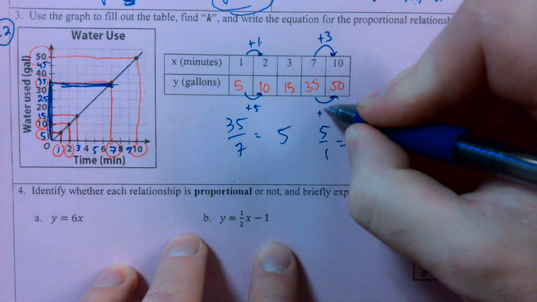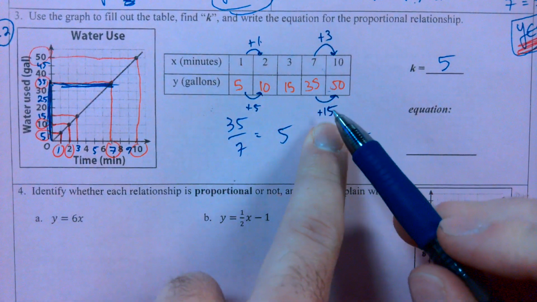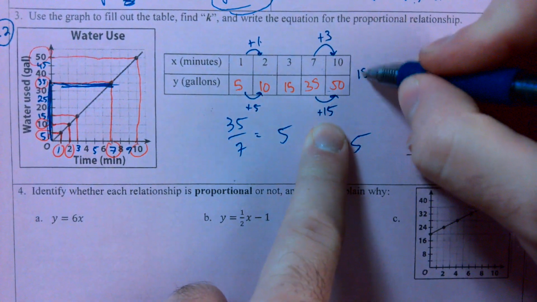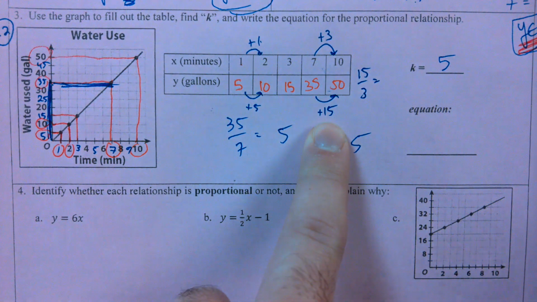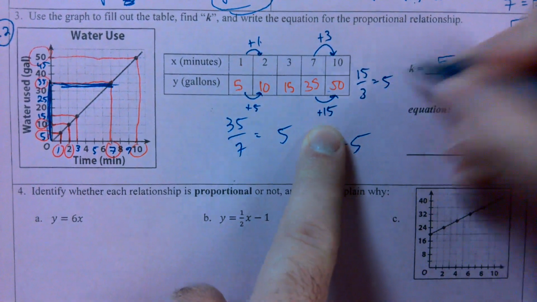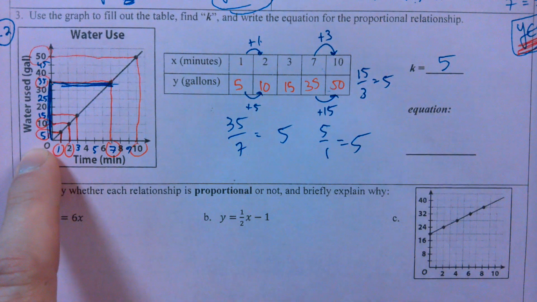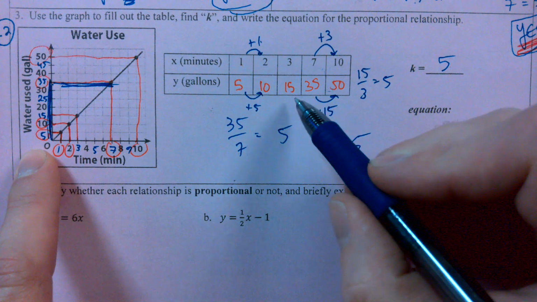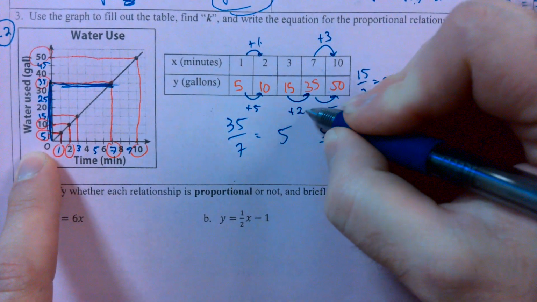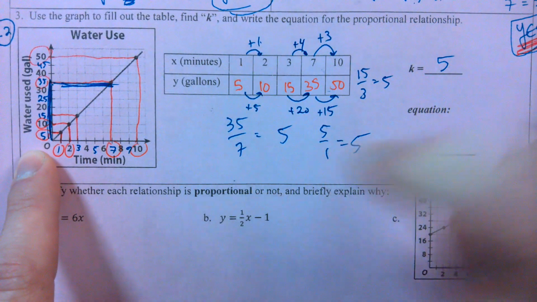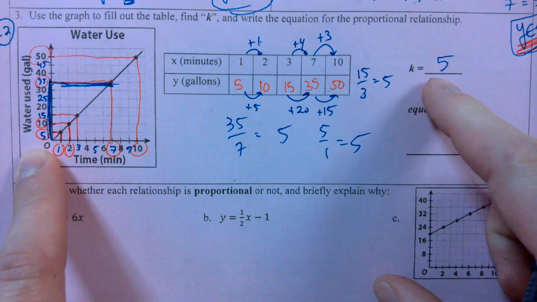If I put y over x here, I've got 15 over 3. What's 15 over 3? 5. So it's still 5. This is what we see with a proportional relationship. I'm glad you brought that up because I didn't want to talk about that initially because I thought it would confuse you. But here it's plus 20 over plus 4. 20 over 4 is still 5, right?